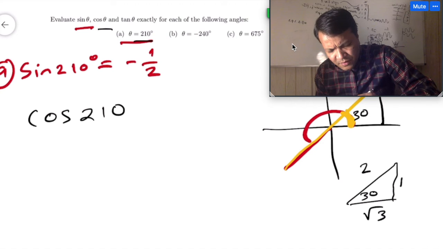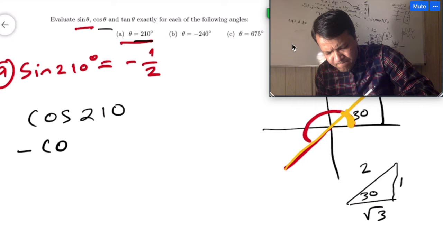So cosine 210 is negative cosine 30, because cosine is also negative over here.